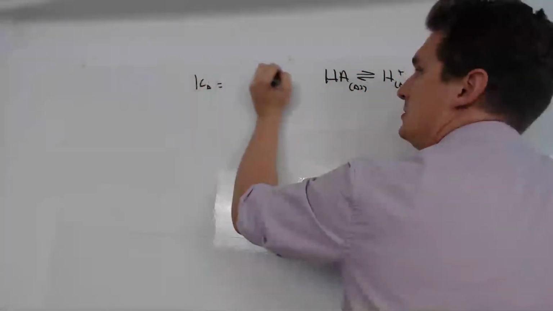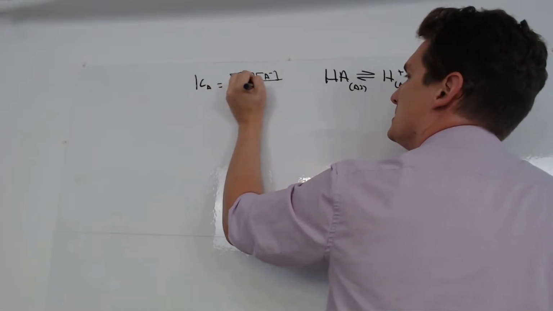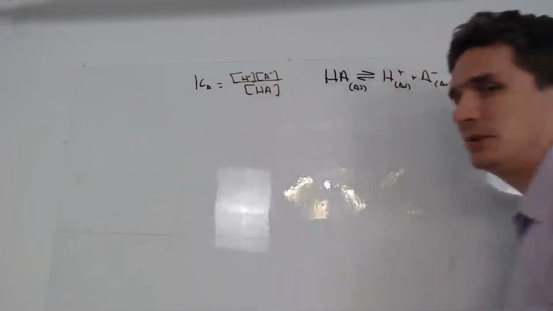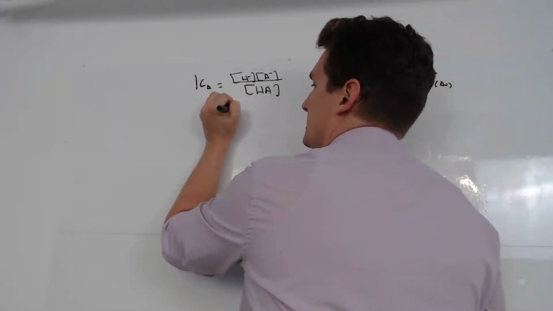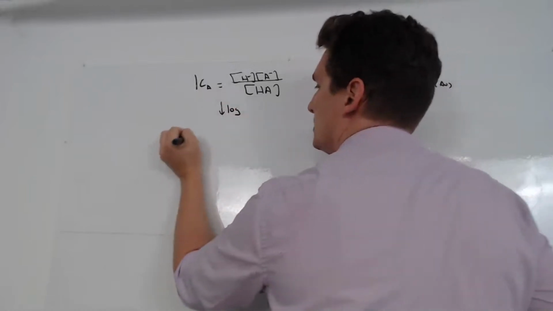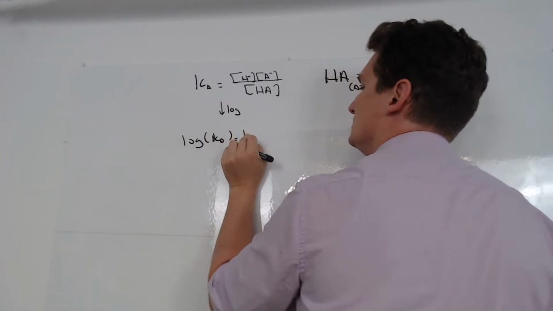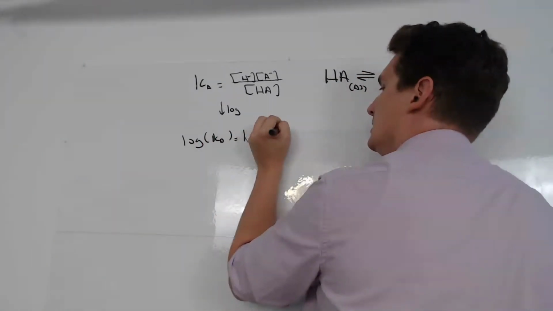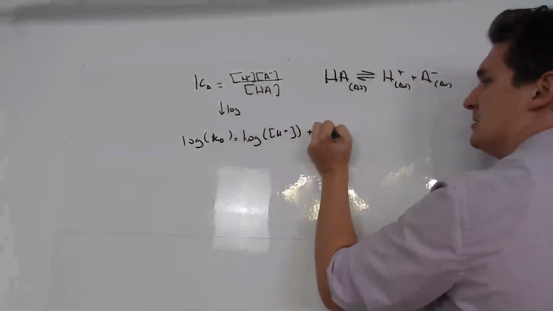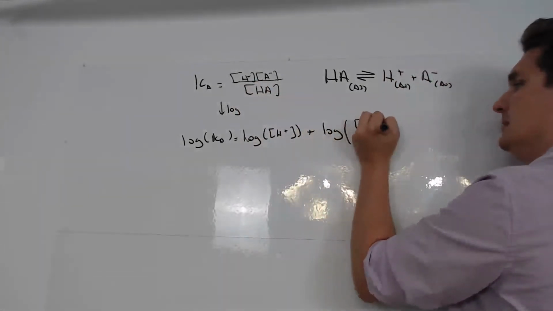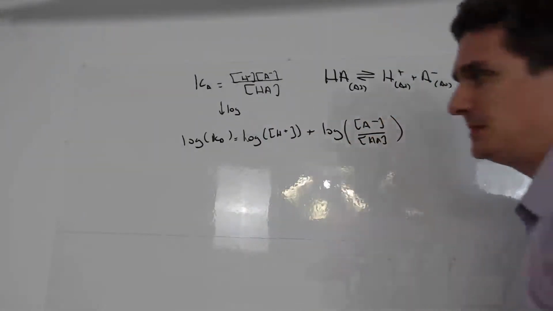You get that K equals Q, which is the concentration of H plus, A minus, all over HA. If we take the log of both sides, we get that the log of Ka equals the log of H plus, and we're going to separate this out, plus the log of A minus over HA.